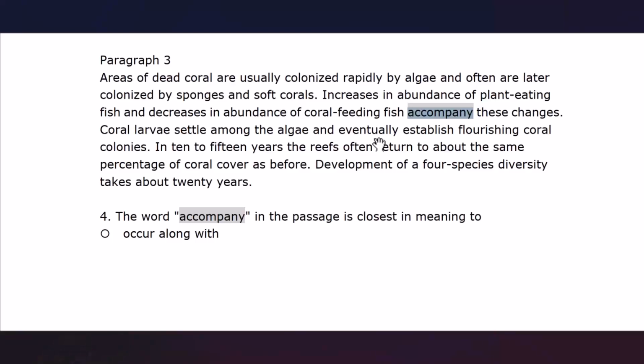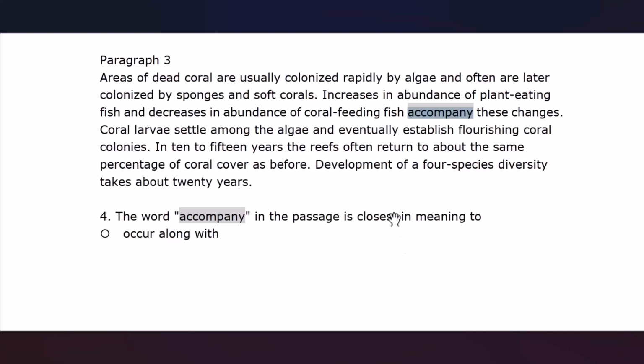Actually, you have heard this word when we say that my friend is my company, or she is my company. It means that she accompanies me. She is my friend and she gives me company. She gives me friendship. She gives me a warm relationship. This is what accompany means.